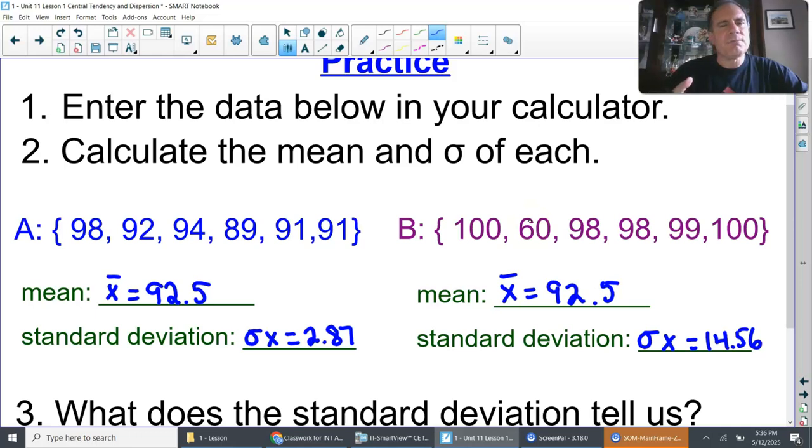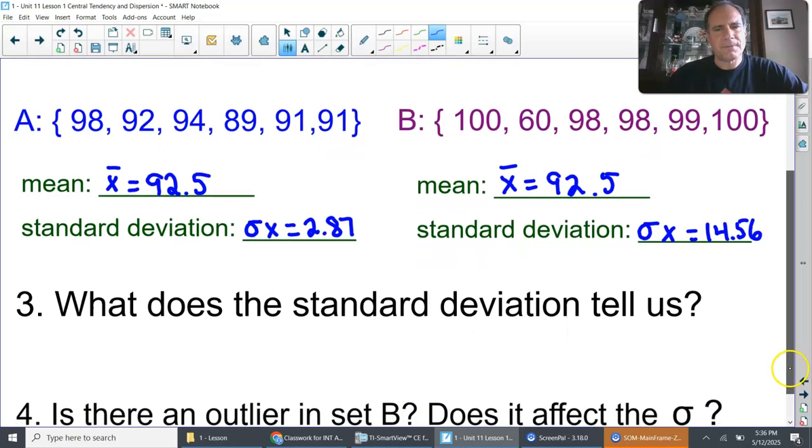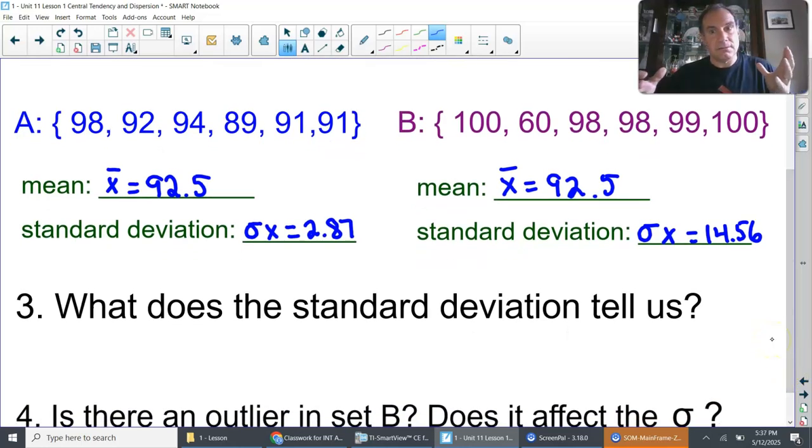That 92.5 mean and this whole data set, the data set is a little bit more spread out, and that means the standard deviation doesn't represent the mean like in the first set.